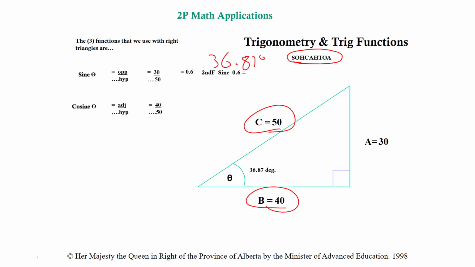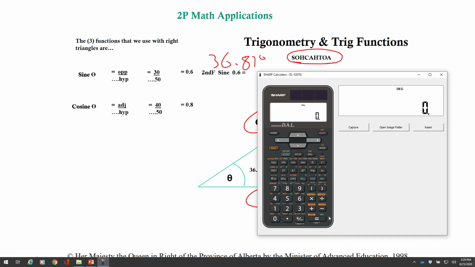So 40 divided by 50 gives me 0.8. If I put that in my calculator, 40 divided by 50 equals 0.8. Second function, cosine, equals 36.87. So you see we get the same angle.